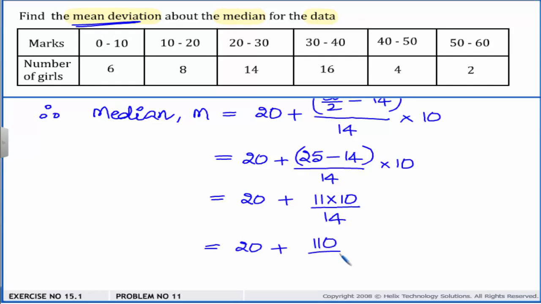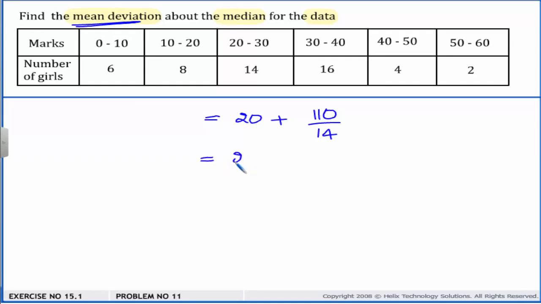So on simplifying, you will be getting 20 plus 7.857. So this gives us 27.857. So this is the value of M.